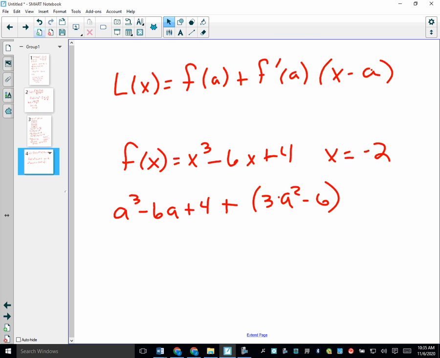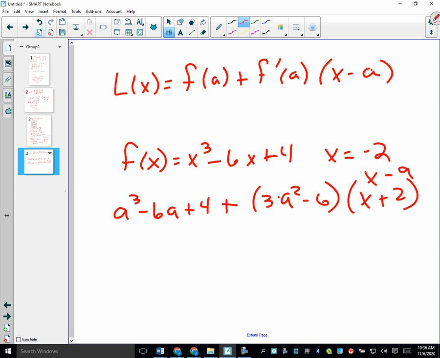Okay, I'm off here because this should be x plus 2. And everywhere there's an a, because this would have been x minus a, right? Everywhere there's an a, I put negative 2.